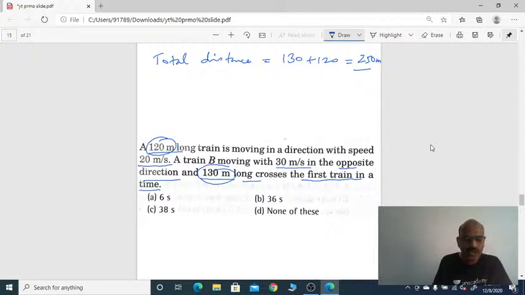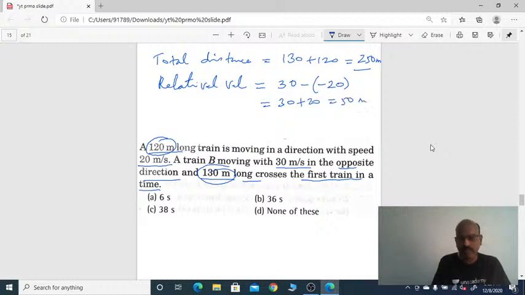What is the relative velocity? Since both trains are moving in opposite directions, the relative velocity equals the vector sum of these two velocities. Velocity of A is minus 20 because of the opposite direction, or directly we can go 30 plus 20, which is 50 meter per second.